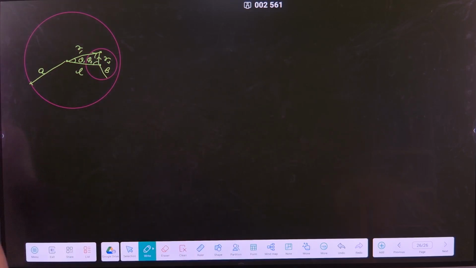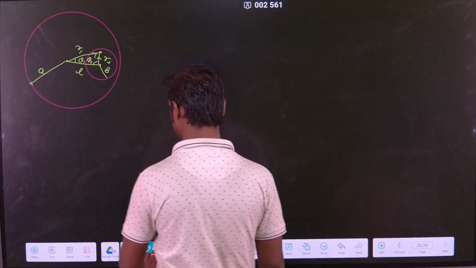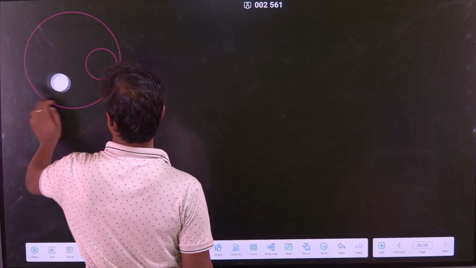Any doubt till here? It is not visible, let me draw it properly.